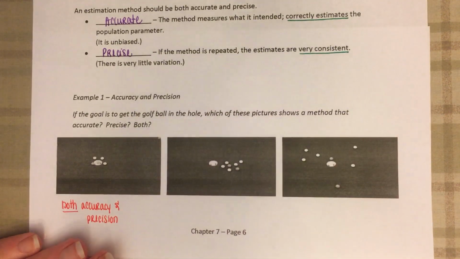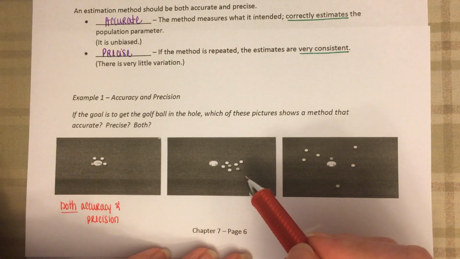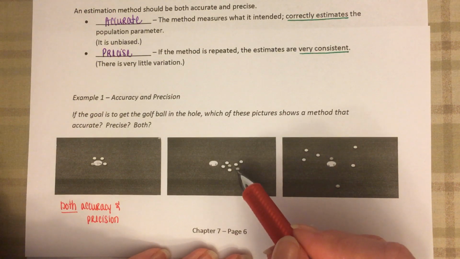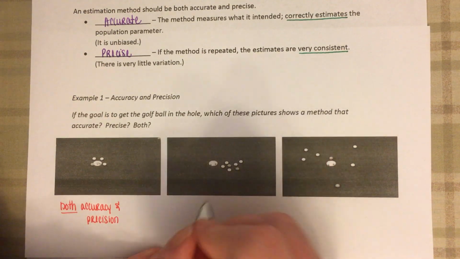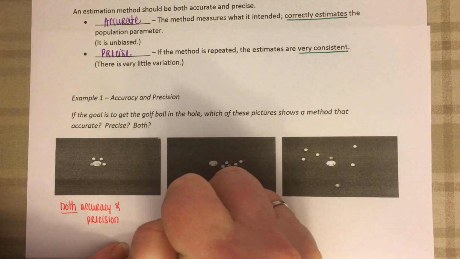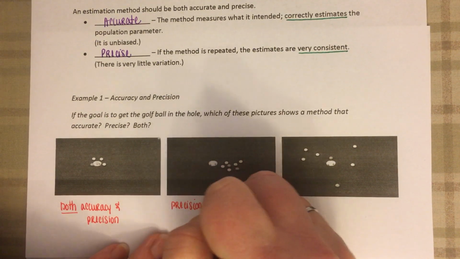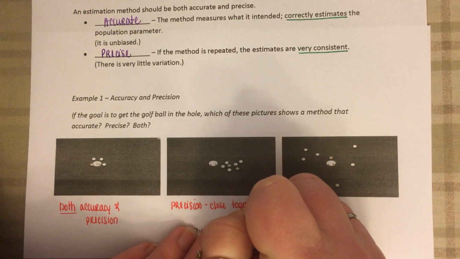All right, for this next one, looking at these different golf balls, these are clustered close together. So in this case, that exhibits precision. They're consistent. They're consistently landing in the same area. However, these are not accurate. Accurate would mean it was actually going in the hole instead of all of them landing next to the hole. So we're going to say that this does exhibit precision, because they land close together.